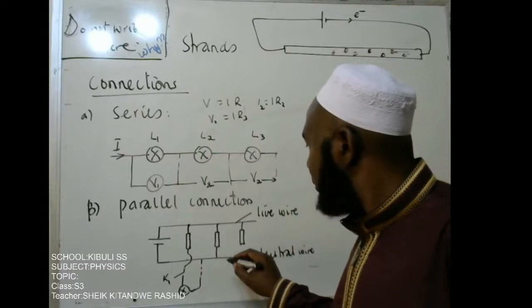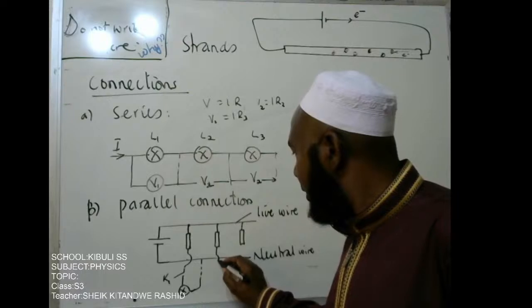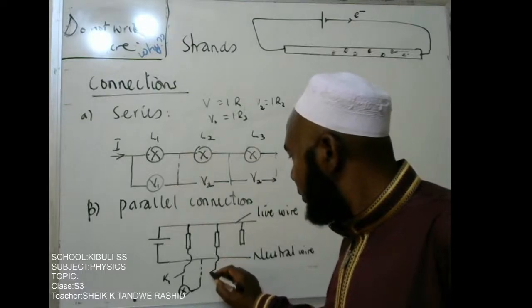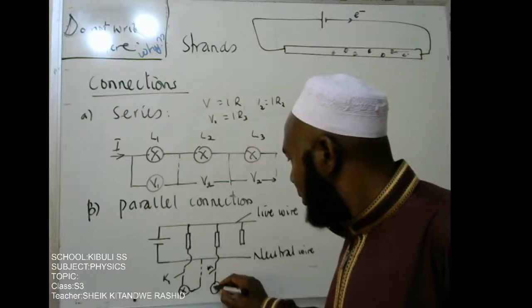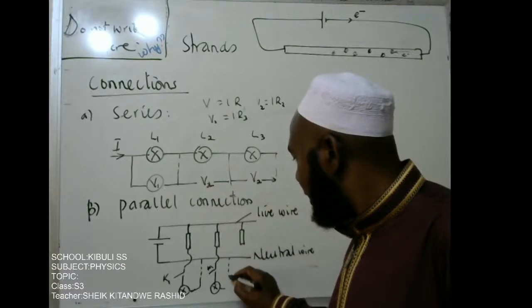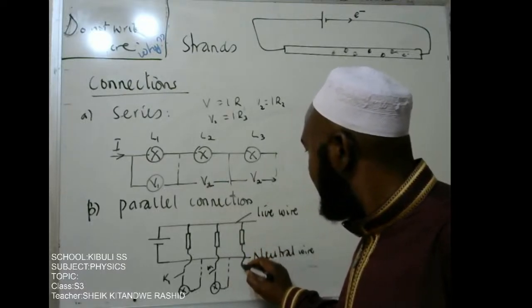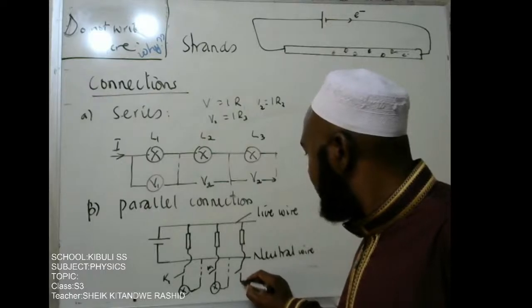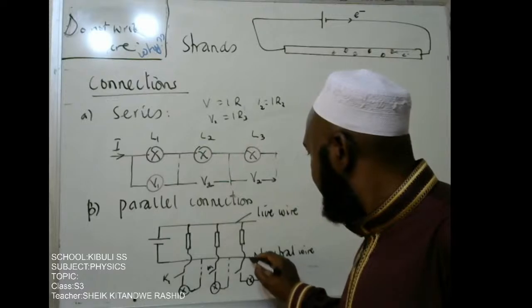Same applies to the second one. Even this one does not come in contact with the neutral wire. It goes to switch K2, the second bulb, then back to the neutral wire. Same applies to this one. It goes to the switch, the bulb, and then the neutral wire.